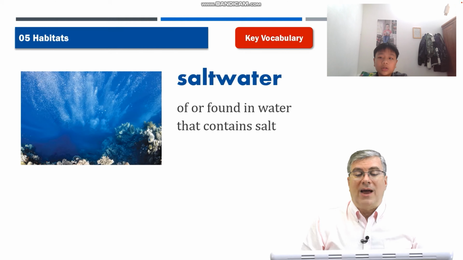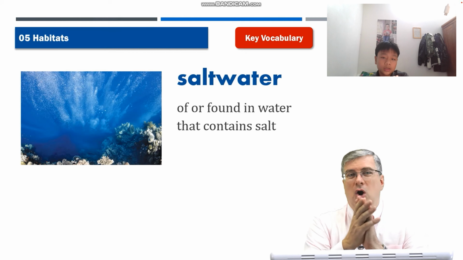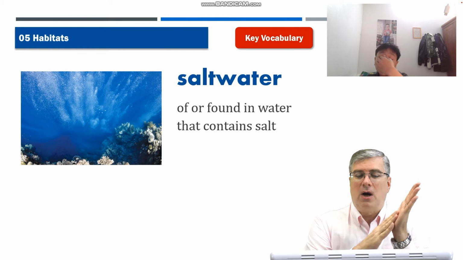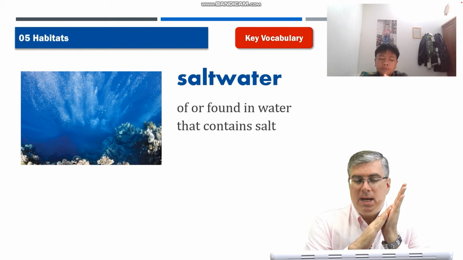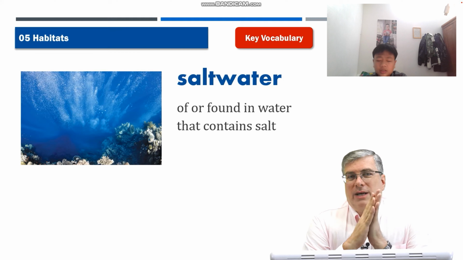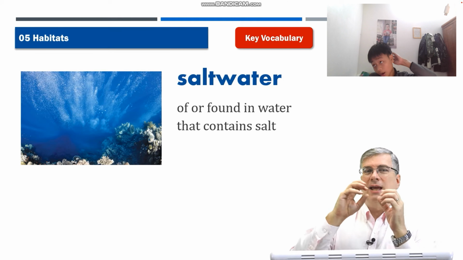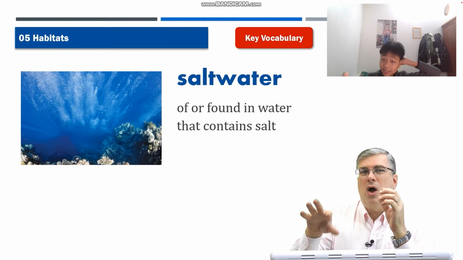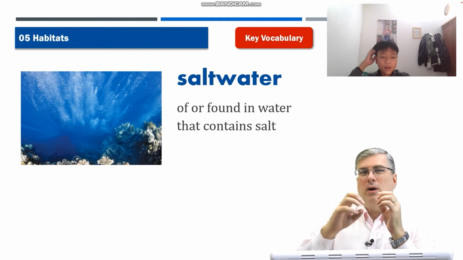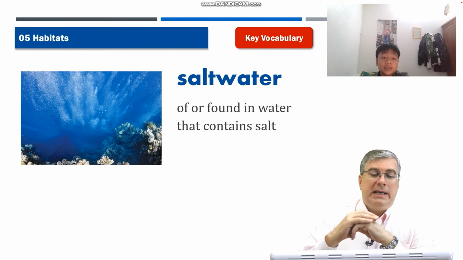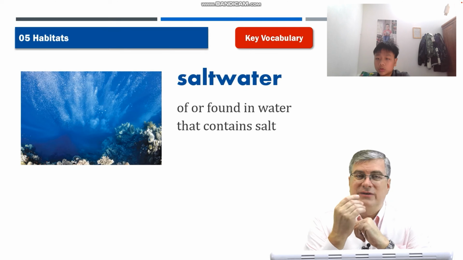And next one we'll talk about salt water. Salt water is found in water that contains salt. So you see that salt water is very salty, right? And it appears in the sea or the ocean. It does not appear in the pond or the lake. That is not called salt water, it's a different kind.